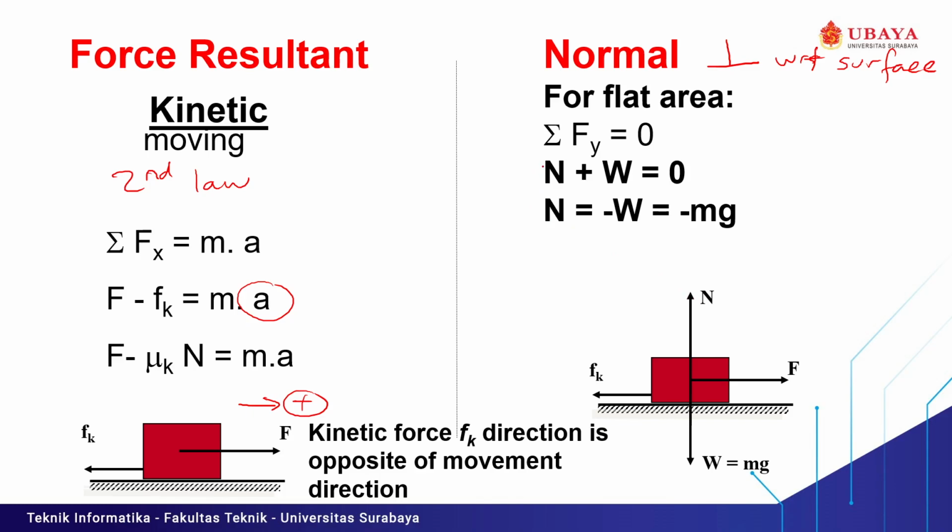Then we can simply say that N plus W equals 0, thus N is negative W, negative weight, or negative m times g. If we assume that the positive axis points upward, then our normal force will always be positive, and W will always be negative.